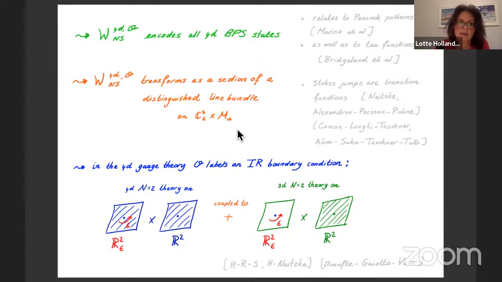It also means that it is an object which transforms as a section of a certain distinguished line bundle. This is a story which I learned from Andy Neitzke, but which has been made precise in a slightly different setting, which I will comment on later, by Teschner and collaborators.